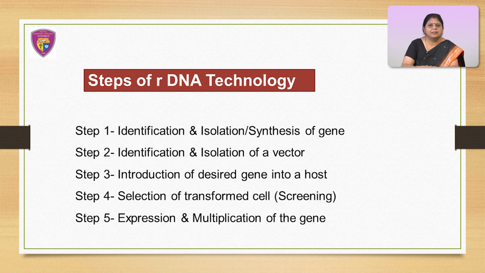Fourth step is the selection of transformed cell, also known as screening. Step 5 is multiplication or expression of the desired gene. This may lead to develop a transgenic plant, animal, or a microorganism. Let us proceed with this process.